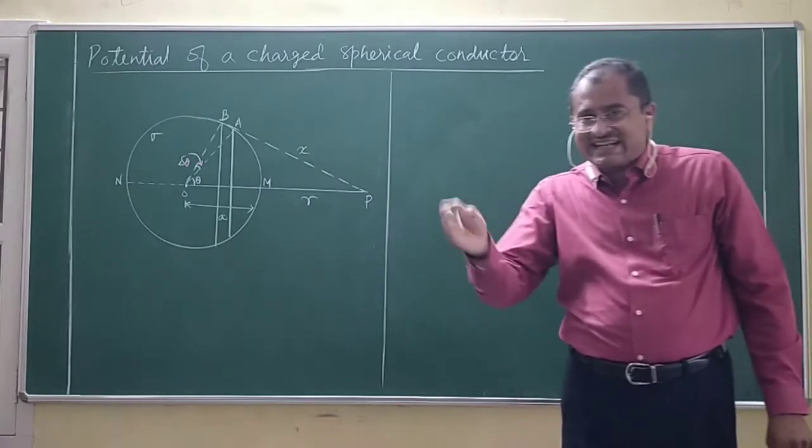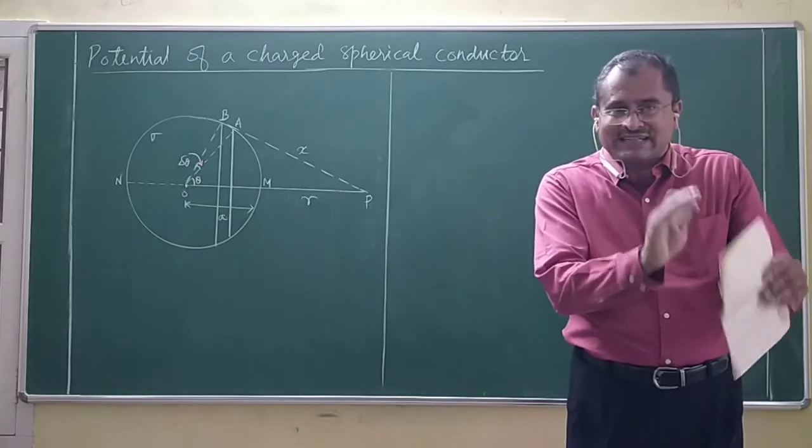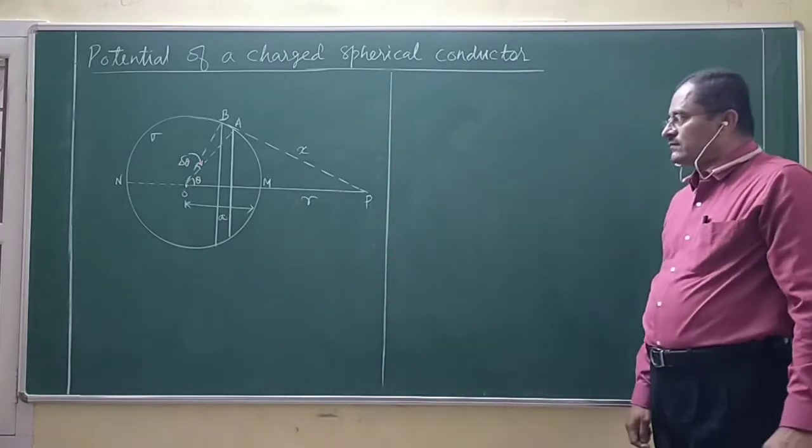I say it is an external point P because it is not lying on the spherical conductor but lies outside it.